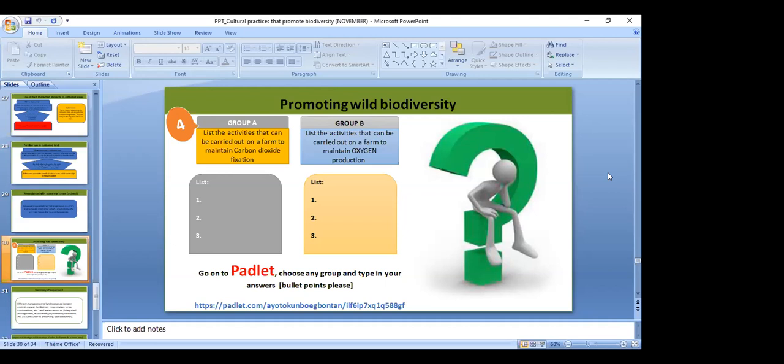So all these perennial crops that you are planting, one of the things they also do is maintain the oxygen content in the atmosphere, and they also regulate the carbon dioxide content in the atmosphere, which is very important for plant growth and development. It's also very important for humanity.